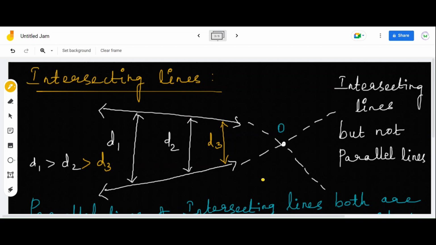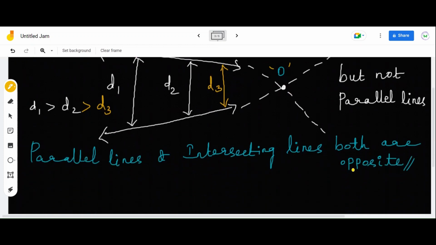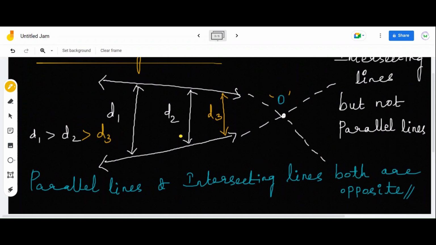And these two lines may intersect at a certain point, which I represented as O. So finally, intersecting lines are not parallel lines; the lines may intersect and the distance will not be equal, right?